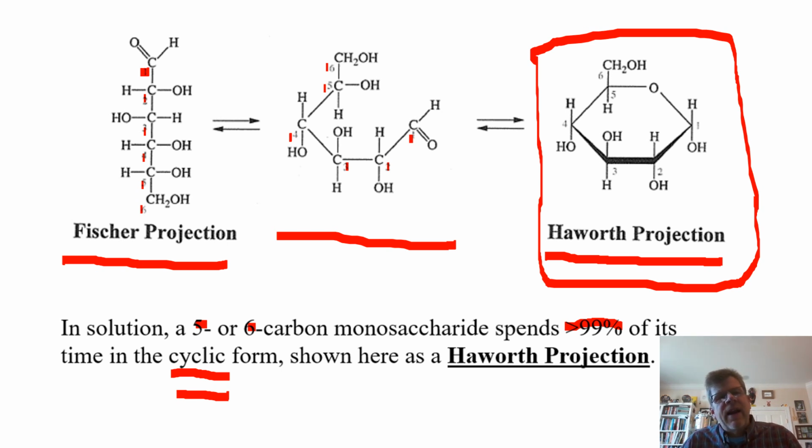That means the hydroxyl off of this C5 carbon right here, the oxygen on it anyway, is poised to make a bond with the carbonyl carbon here. Once that bond forms, we ultimately get a cycle, shown as the Haworth projection over on the right.